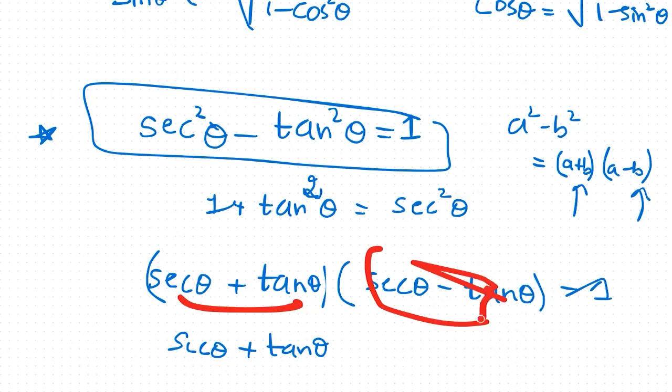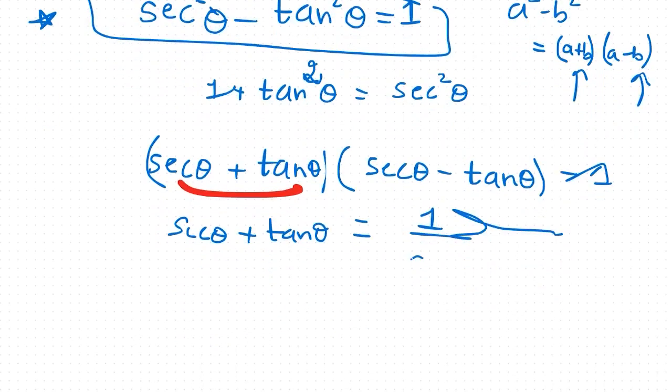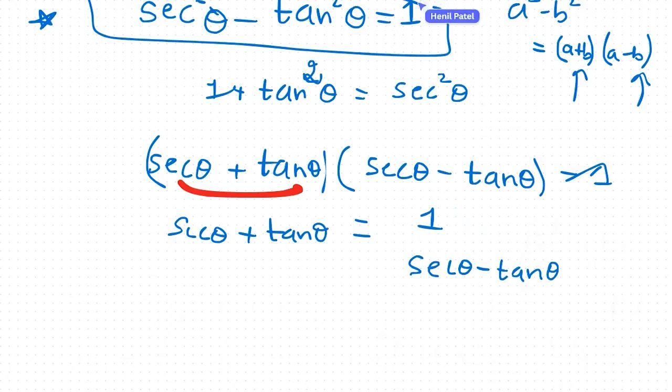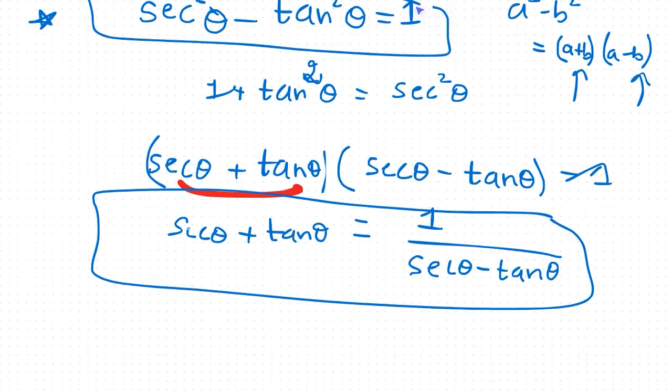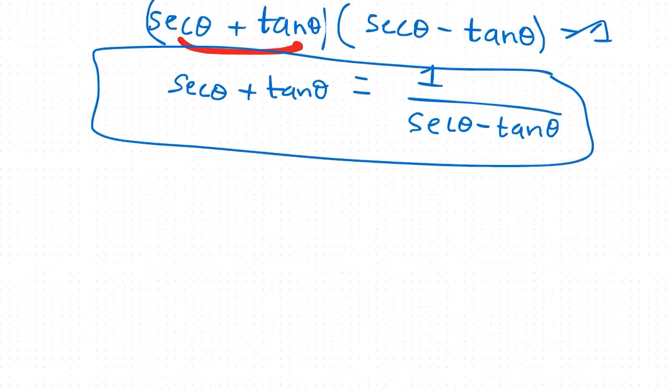If you take this to the other side, it is 1 upon. So these are some formulas which are important to remember. This is about the second formula.